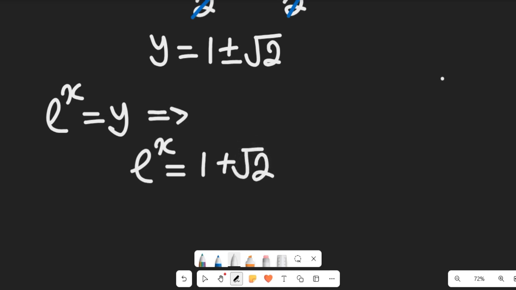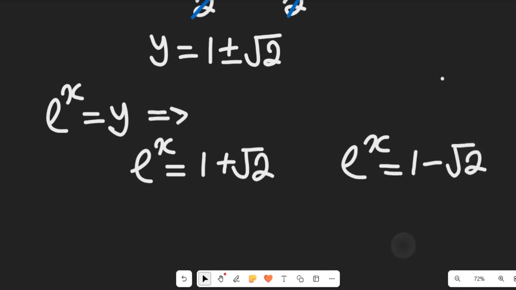And on the other side, e to the power of x can be equal to 1 minus the square root of 2, because we have plus or minus. So these are the two solutions.